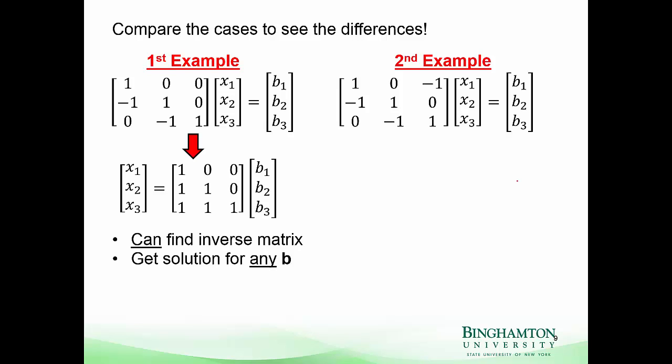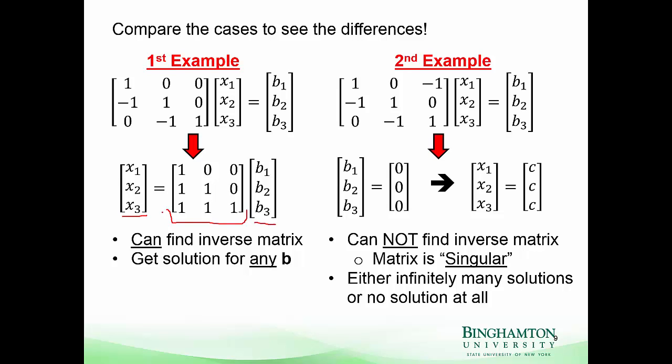So for this first example, we showed that we could find an inverse matrix so that, here it is. And we can apply that inverse matrix to any B, and it's just a matter of doing multiplication to give us the solution. That's beautiful. It's simple.